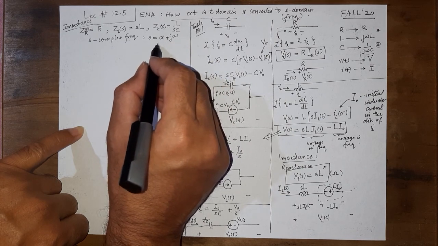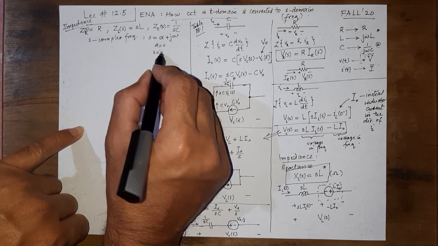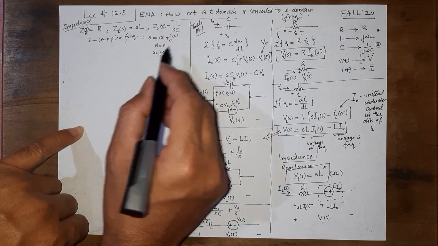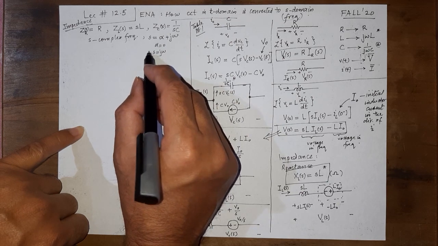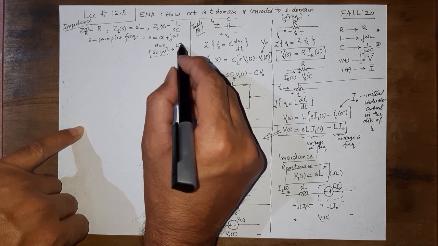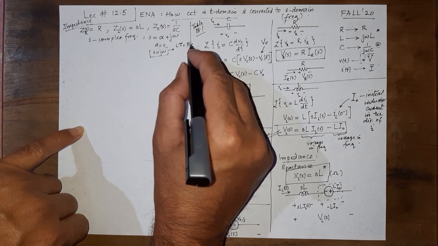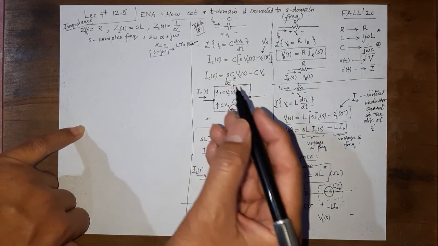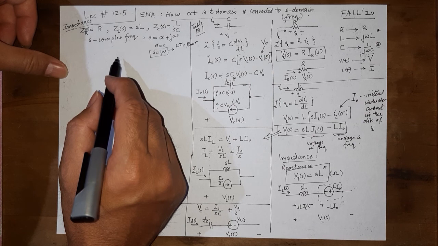So when alpha is equal to 0, you get exactly the same impedances that we have encountered in the phasor domain. So making S equal to j omega makes the Laplace transform thing equal to the phasor thing. We will have more discussion on this later on. However, it is good to note at this point.